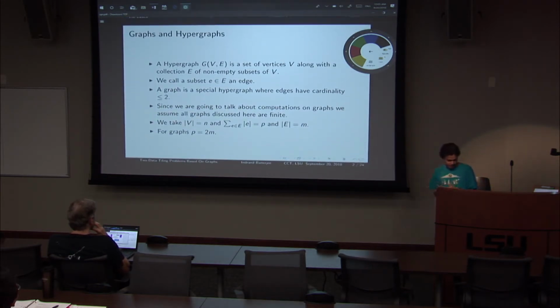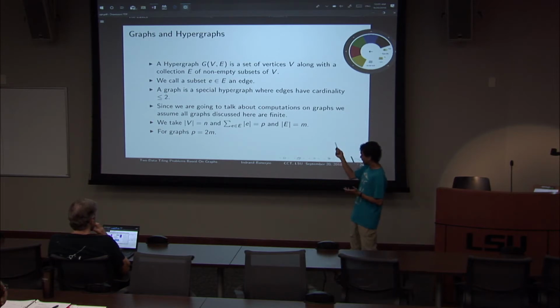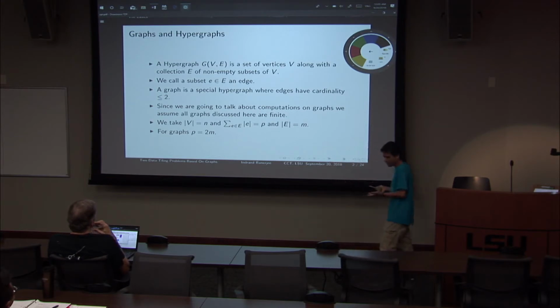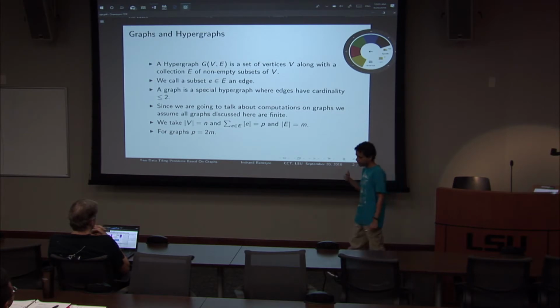A hypergraph is a set of vertices V, along with a collection of non-empty subsets of V, as I was showing. We call a subset E an edge or a hyperedge. A graph is a special type of hypergraph where you just have edges of size two or one. A one-vertex edge would be a loop, or a self-loop.